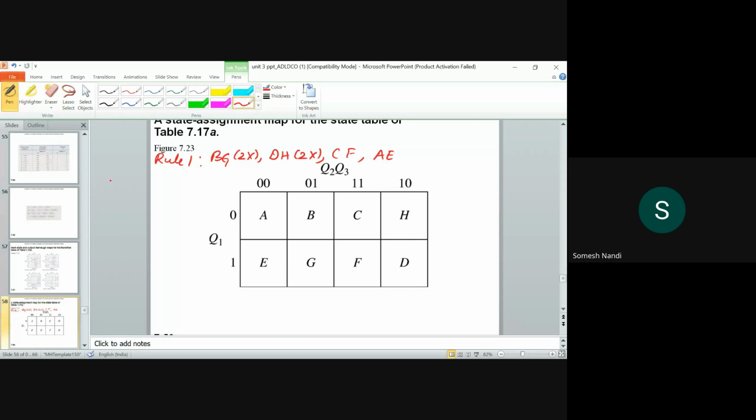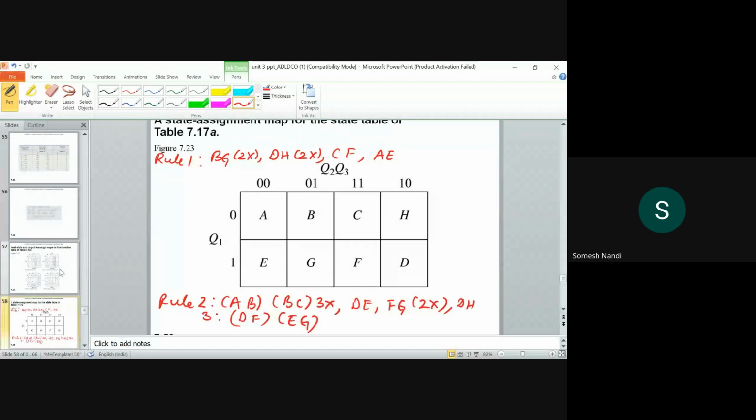This was your rule 1. Then rule 2. Rule 2 is AB, BC, this we had 3 times, I think. Then DE, FG, this we had twice. Then we had DH. Then comes your rule 3. In rule 3, we had picked for the output symbol 1, so you have DF and EG.